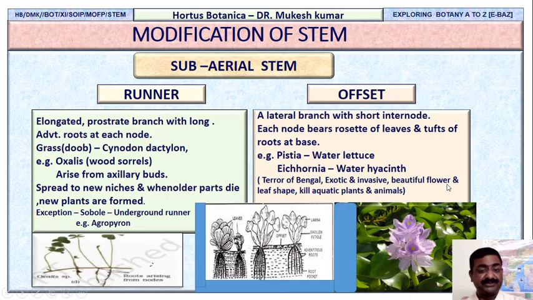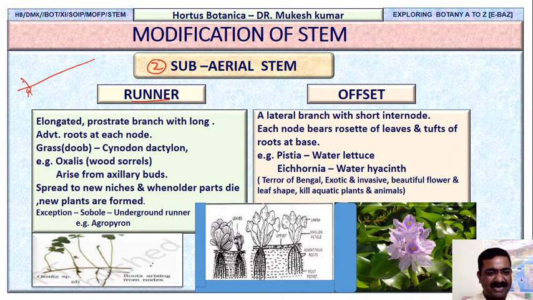Now move on. Second, we have the subaerial stem. First in subaerial stem we have the runner. We have already studied this runner under types of stem. We studied how it is half underground and half in air, and it grows right on the surface of the soil. The lower part bears roots, and the upper part is the leafy shoot.